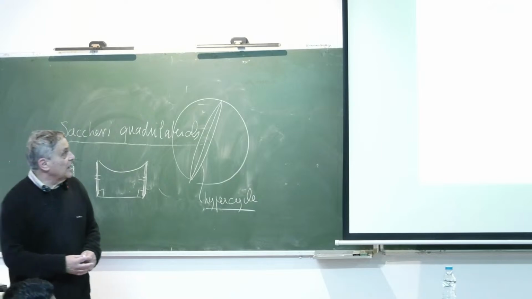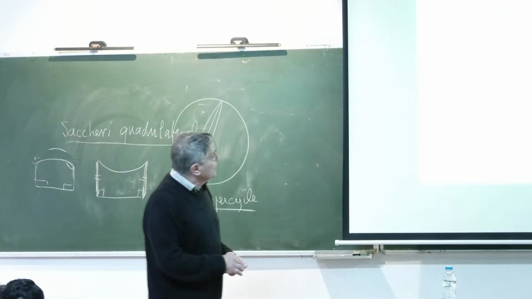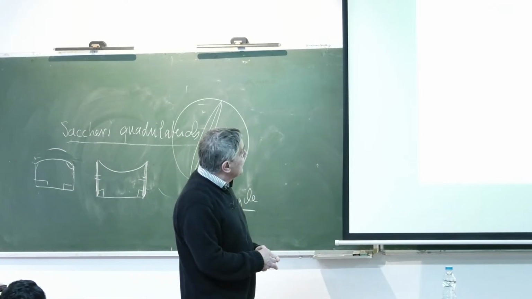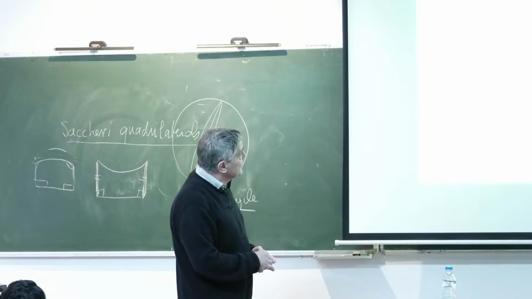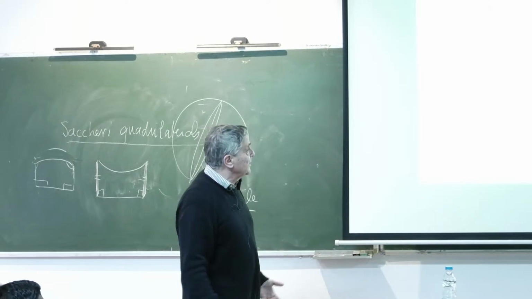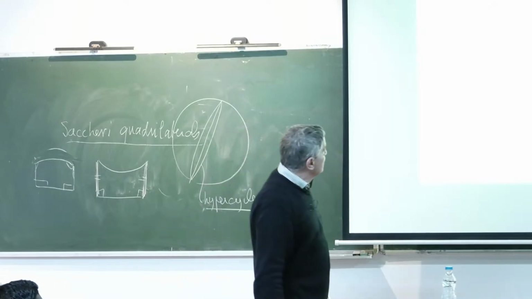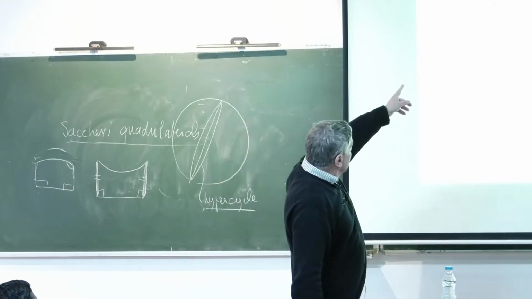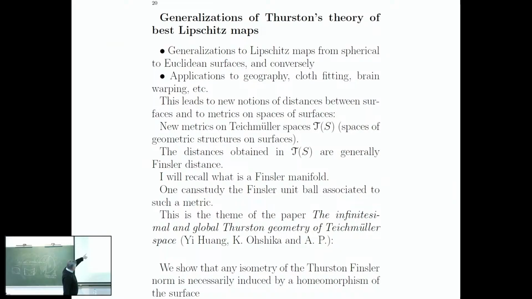Yes, so I will tell you more about best Lipschitz maps. In fact, this is the subject of my series of talks. So let me see here what I wrote. Generalizations to Lipschitz maps, now from spherical to Euclidean. From spherical to Euclidean, we talked about this. I mentioned this problem of geography.